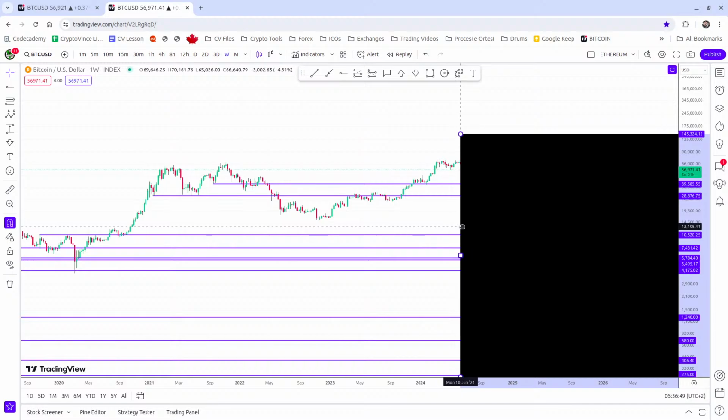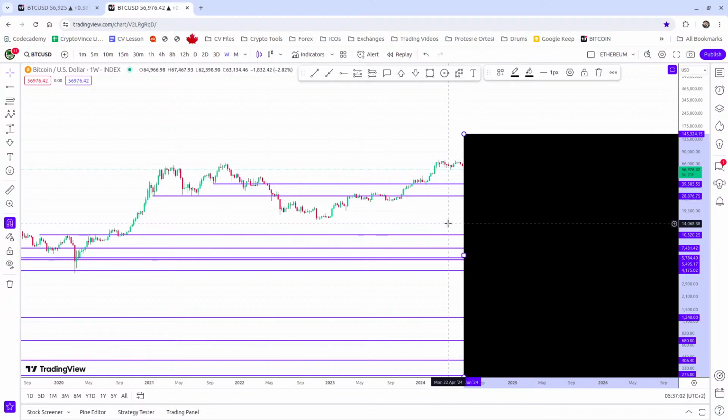Higher low here starts to slow down, as you guys can see, right? It made a double top. A double top is a bearish pattern, so I need to be careful. If this low is taken out, I will start to think about a possible bearish idea.